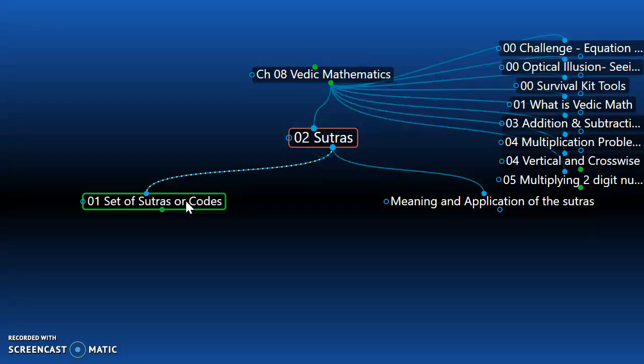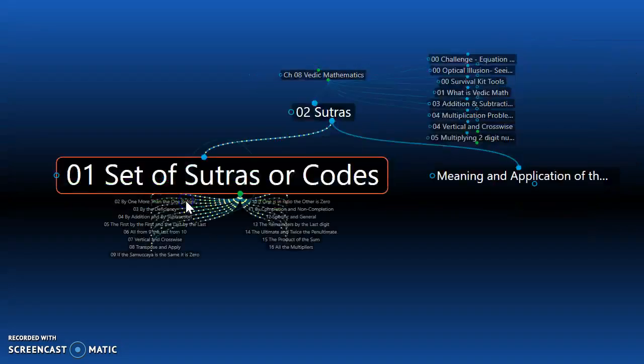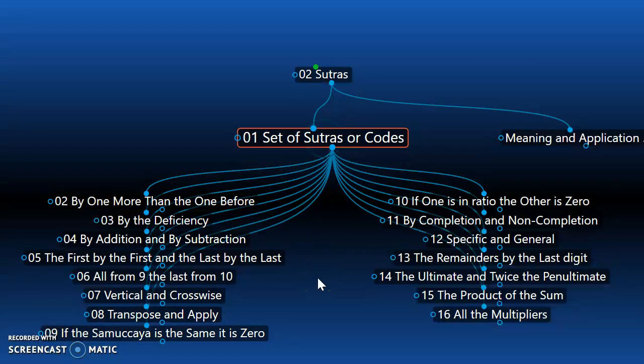I think of them as codes, secret codes, the source code for mental calculation. And there are 16 of those, for example, and they're very simple to learn. For example, by one more than the one before. Isn't that very simple? By one more than the one before. With this amazing code or sutra, you can do surprisingly complicated calculations.